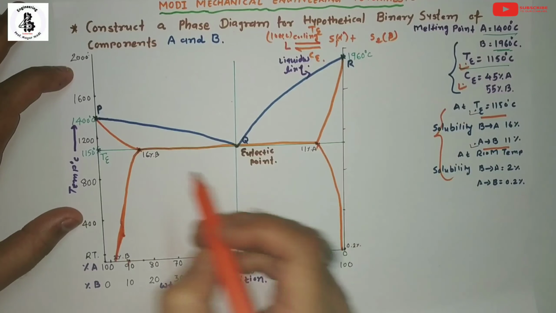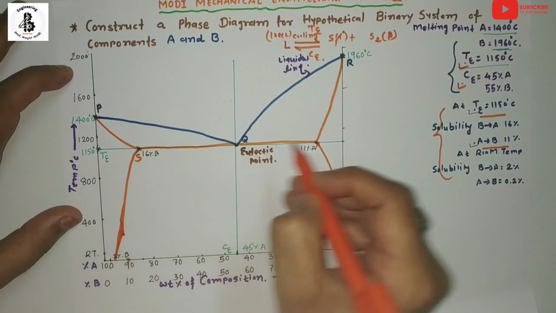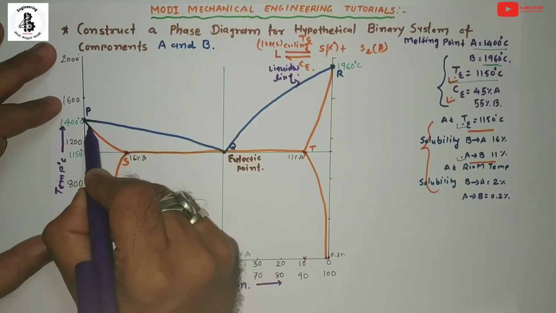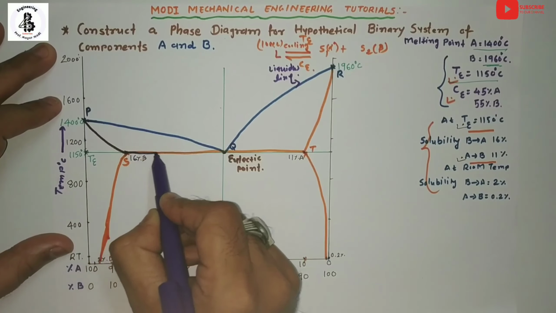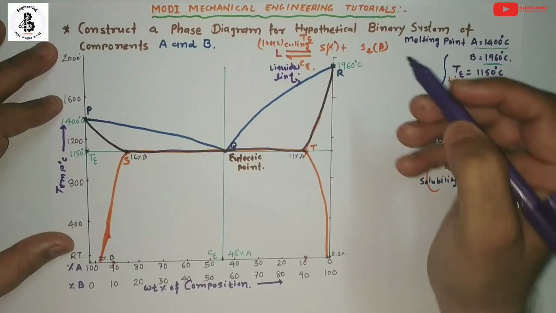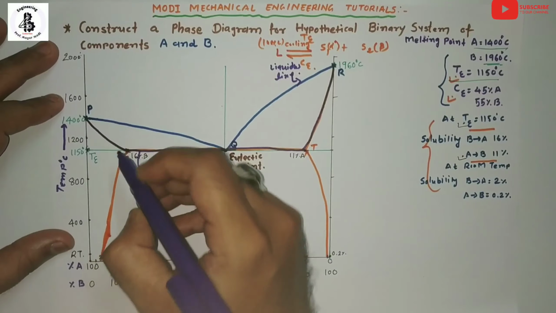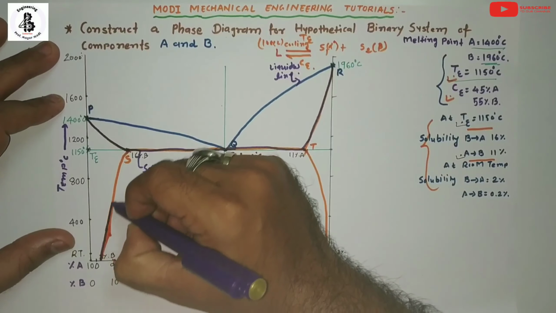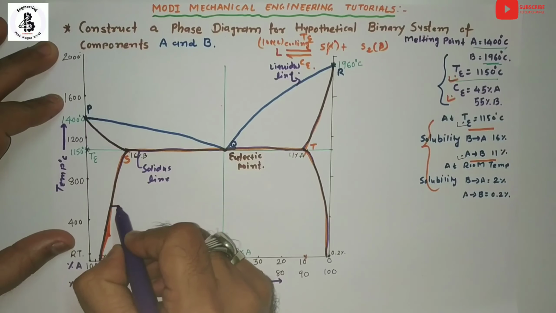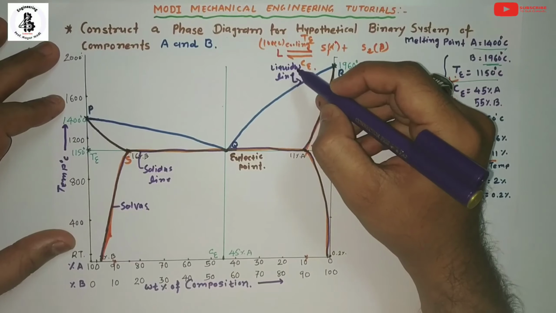You can see this line, and I would like to make points S and T. So this line, P, S, Q, T and R, acts as a solidus line, and the line down to room temperature, these two lines, are known as solvus lines.